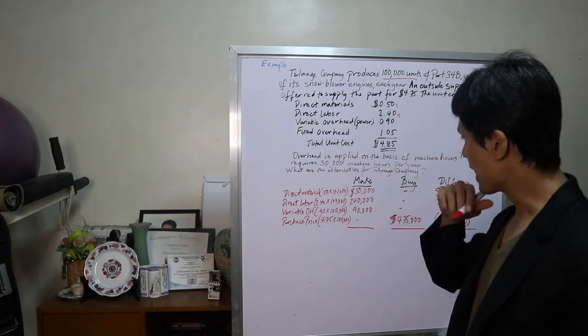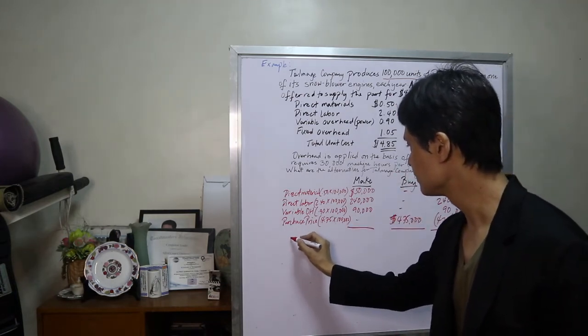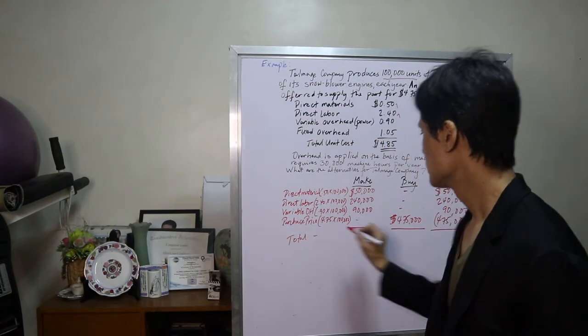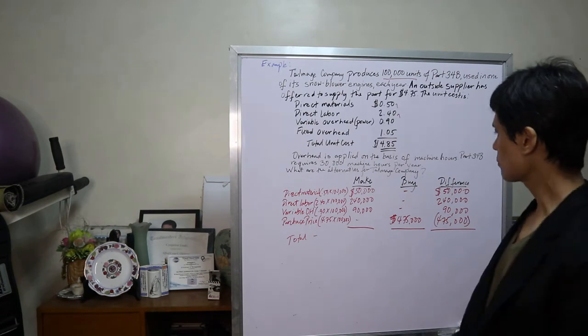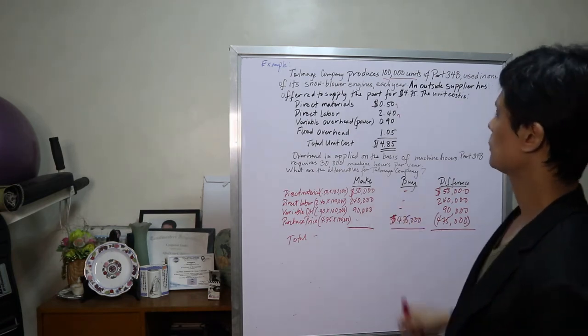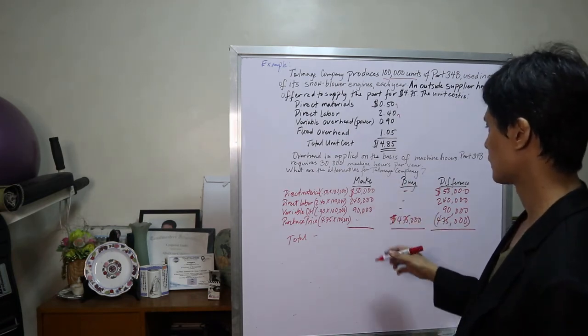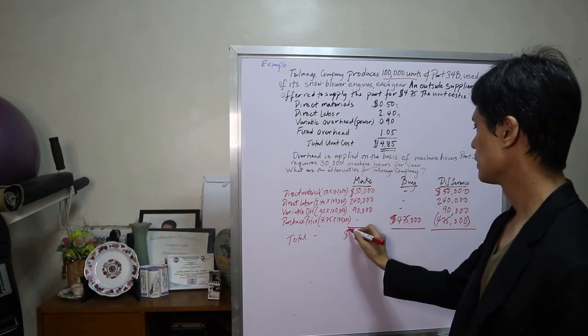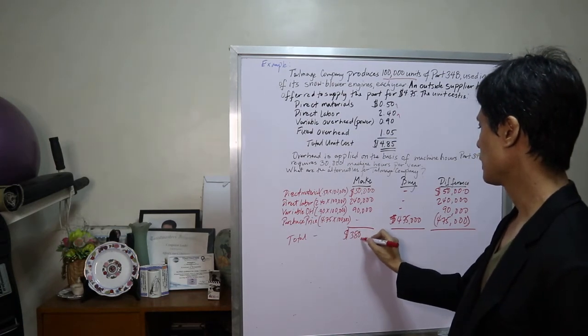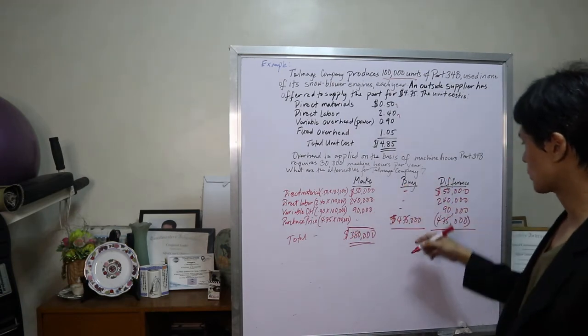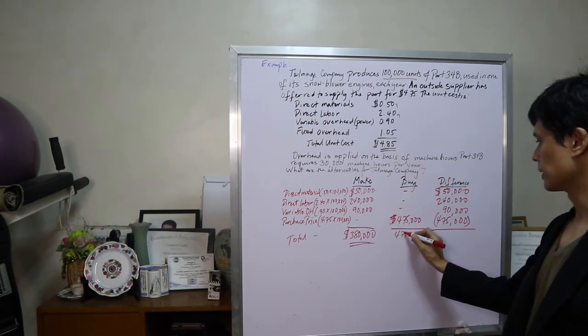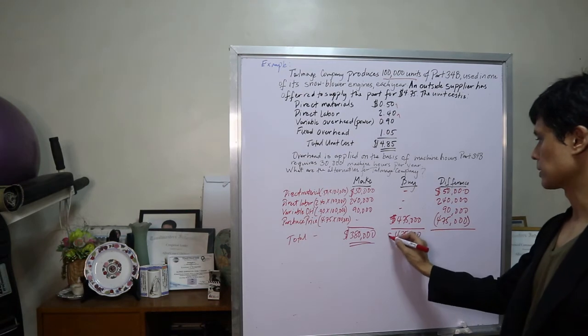Okay, now let's get the total of this one. So this one would be 330 plus 50. This is 380. This is the cost of making, and the cost of buying is 475,000.